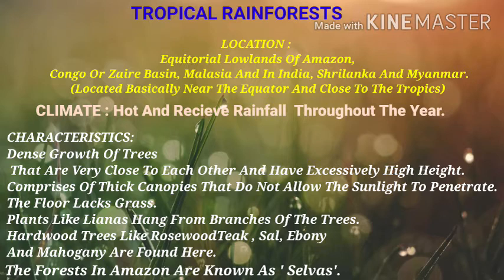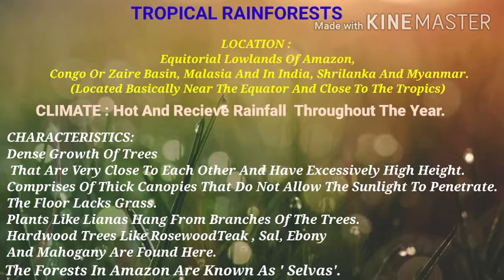The high temperature means that evaporation happens at a faster rate, resulting in frequent rainfall. Hence, it rains throughout the year in tropical rainforests. The high rainfall and year-round high temperatures are ideal conditions for vegetation growth and support a luxuriant type of vegetation.